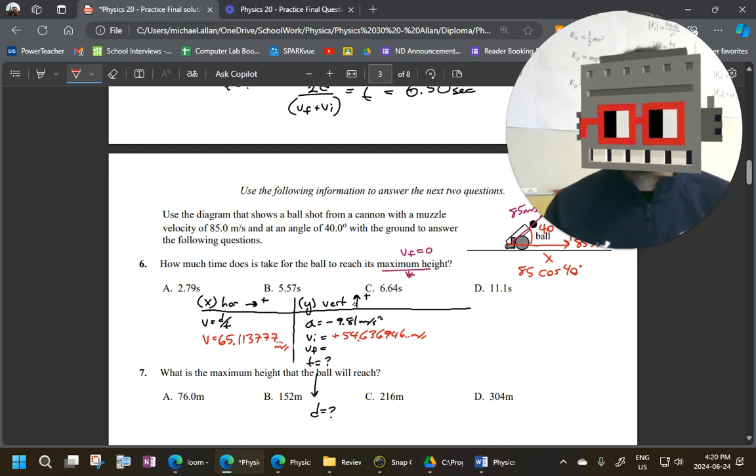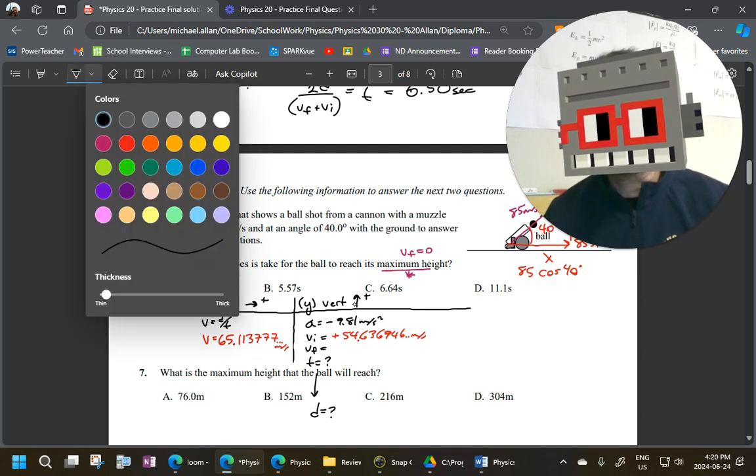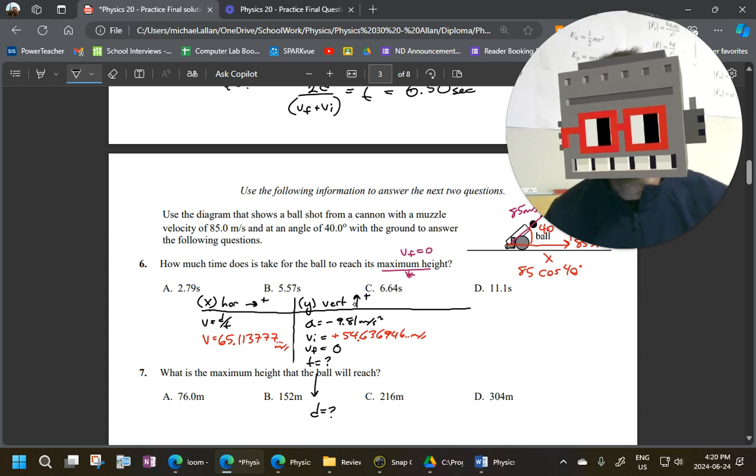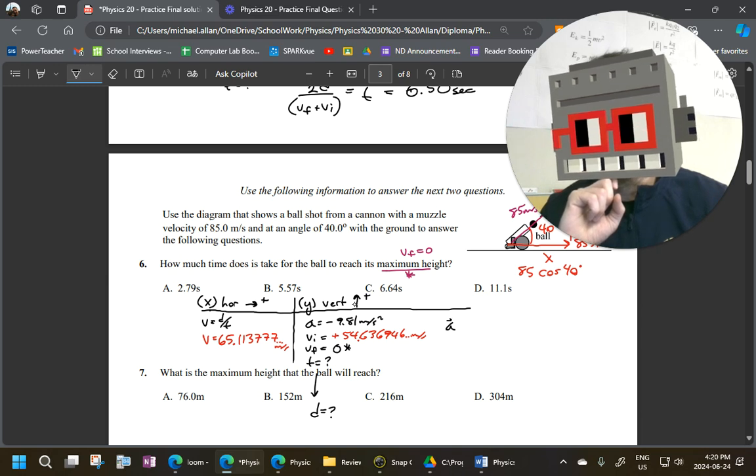Okay, so now that we have the components there, I remember up here we said VF is equal to 0 because I'm reaching my maximum height. So I put a little 0 there. And then I just find a formula that involves those four things, which is a equal to delta V over T. Here I want to solve for time, so I'm going to rearrange this: times the time up, divide the A down.